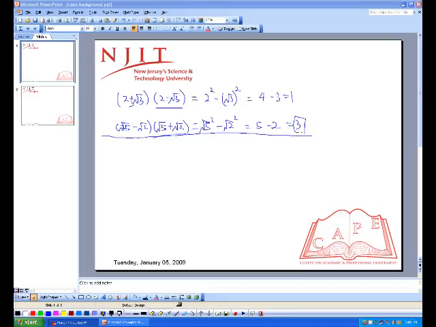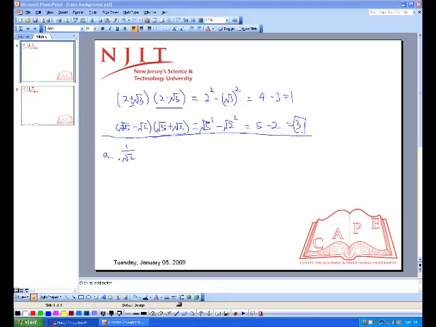So anyway, let's try to rationalize the denominators. So here's an example: 1 over square root of 2. So what does it mean to rationalize a denominator? It's really just doing so that the denominator doesn't contain a number with a square root in it.